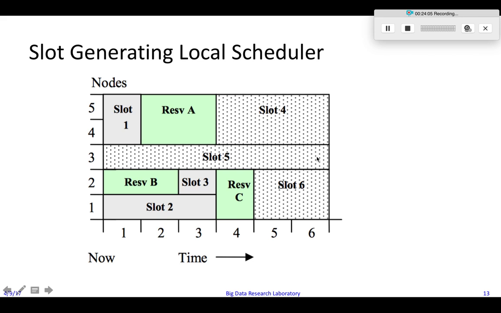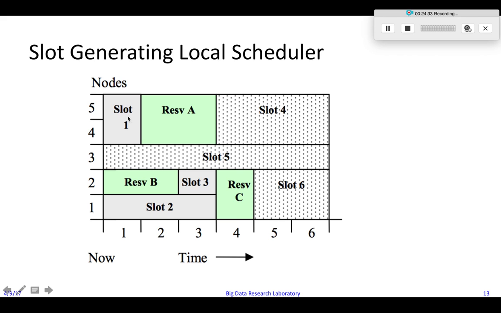And usually, in order to make sure that every processor can have at least 1 free period, the time period for this window should be larger than the last reserved end time.